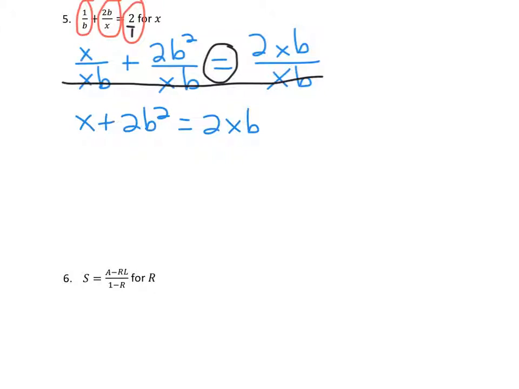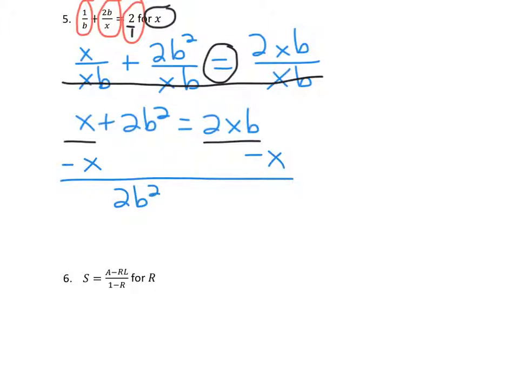Now we're trying to solve for x. That means we want to get the two terms that have x in them on the same side of the equation, and the one term that doesn't have x, which is the 2b squared, on the other. The easiest way to get those separated is to move the x over to the right side of the equation by subtracting it from both sides. That gives us 2b squared equals 2xb minus x.